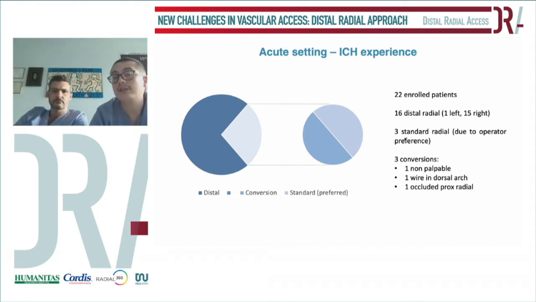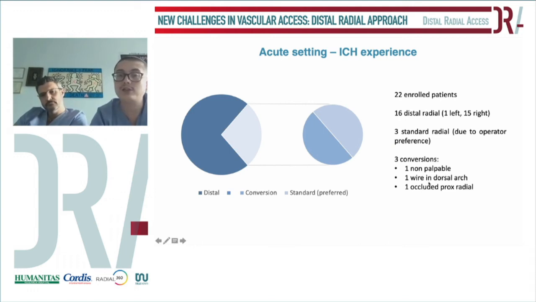3 patients received a standard radial approach because the operator preferred to do so, and we did not choose to force operators to do distal. In this protocol you could choose whatever you want.